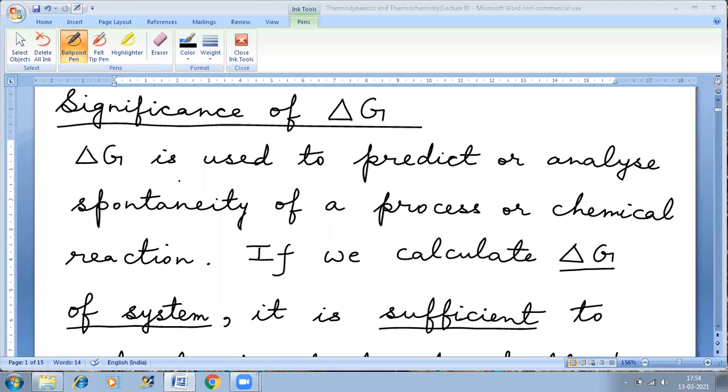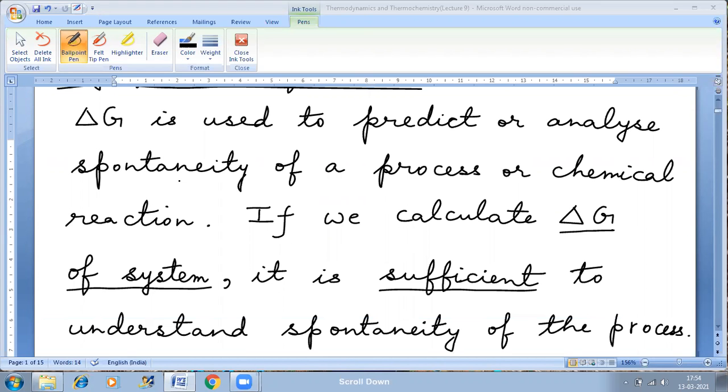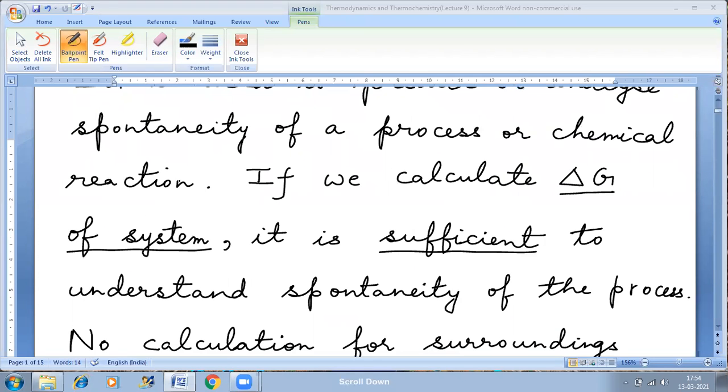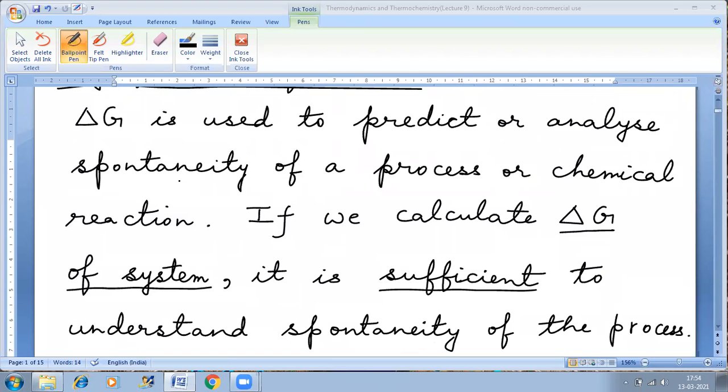If we calculate delta G of the system, then it is sufficient for us to understand the spontaneity of the process. We don't need any other type of calculation for analyzing spontaneity. Once we know the value of delta G, we can understand. So delta G of the system will tell us if a process is spontaneous or not.